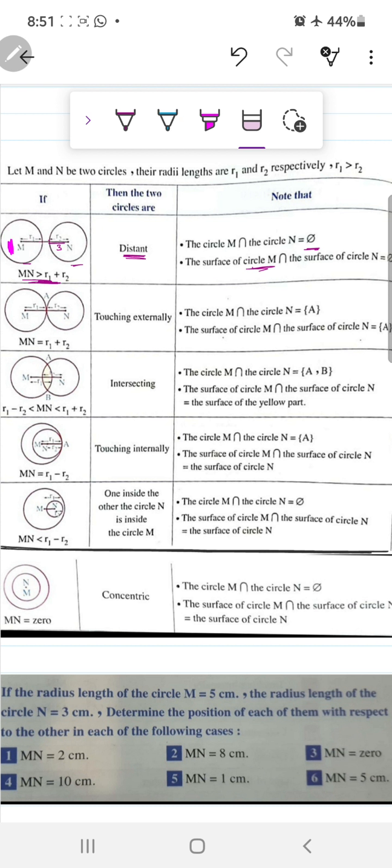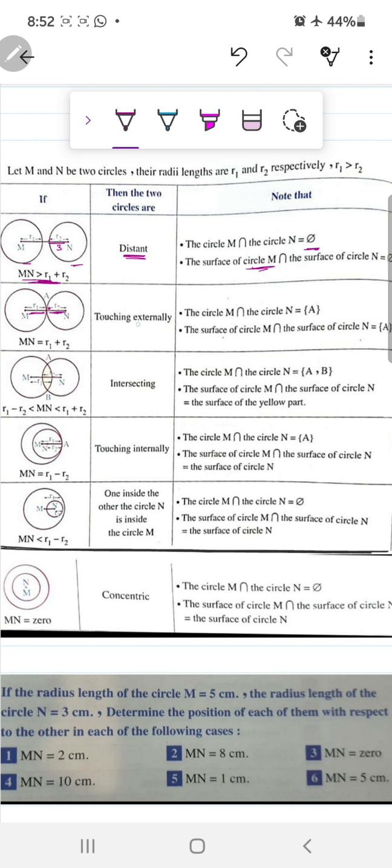Okay, let's take the second case. Here we have two circles touching externally. It means the two circles touch externally at one point, which is point A. So if here we have R1 and R2, then MN here is R1 plus R2. For example, if R1 is 2 centimeters and R2 is 3 centimeters, then MN here is 2 plus 3, which is 5.